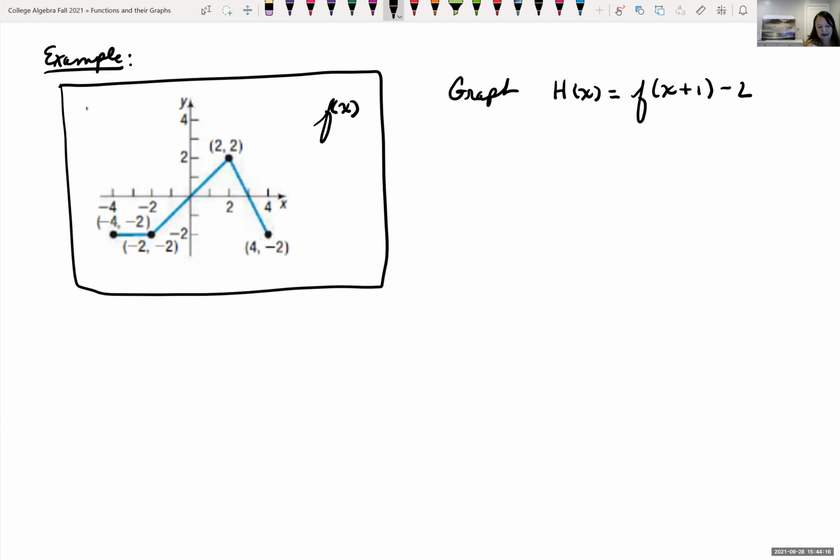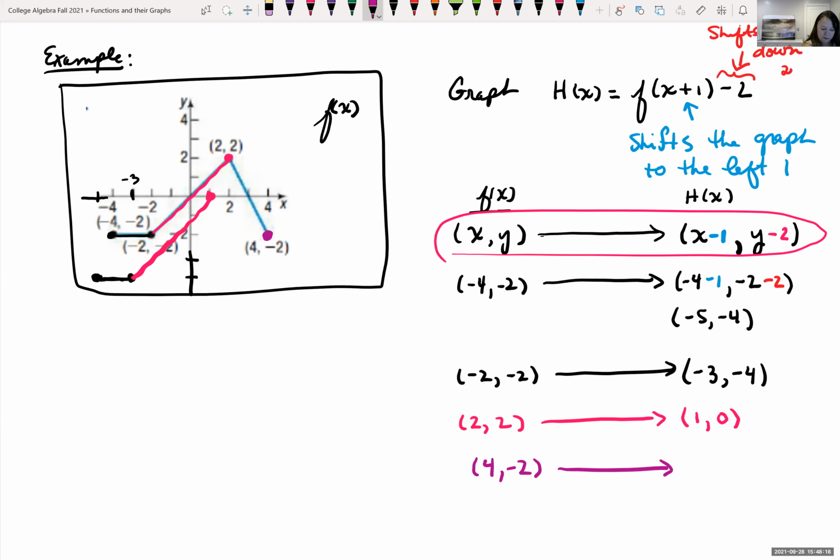And then the last one that we have given is (4, -2). So if we look at (4, -2) and look at our transformations of our graph, so 4 - 1, shifting it left 1, that's now going to become 3. And then I'm not shifting it down 1, shifting it to the left one, I mean. And then down 2. So -2 - 2.